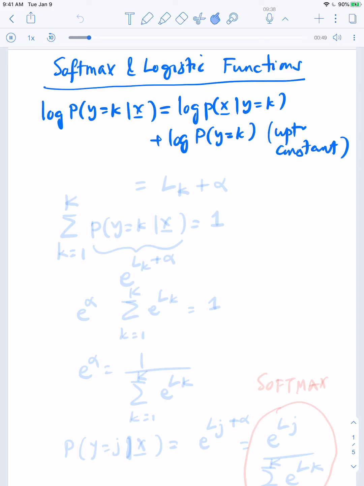So if I call this L sub k, as something I've computed, I've dropped a bunch of constants along the way.